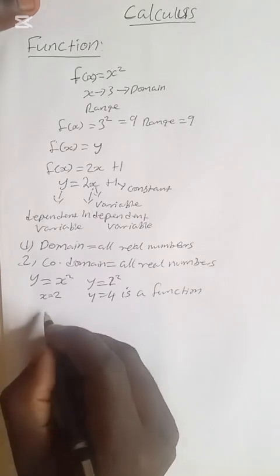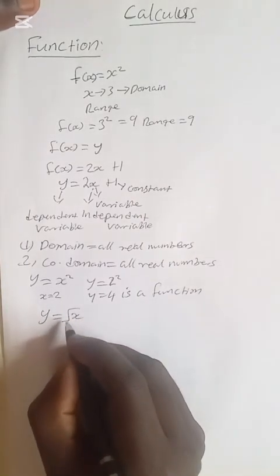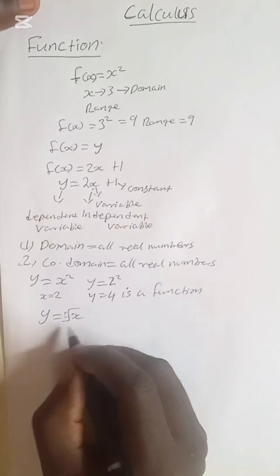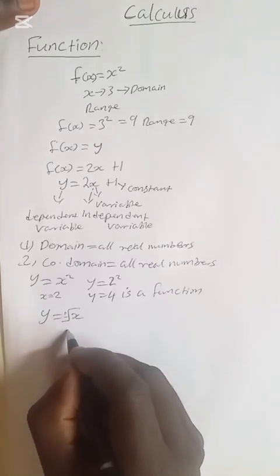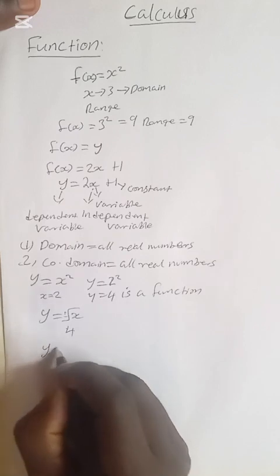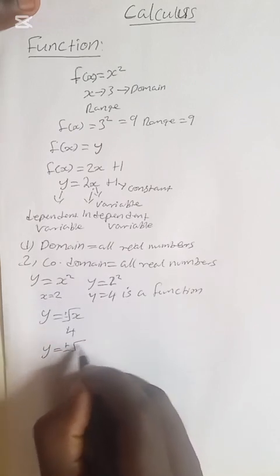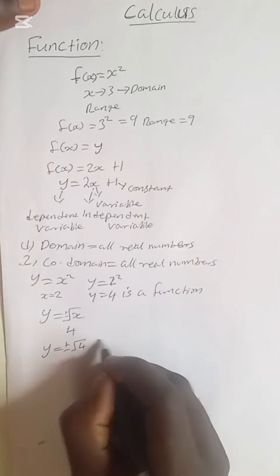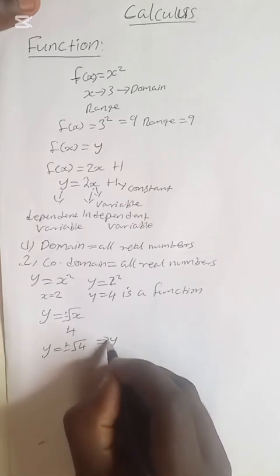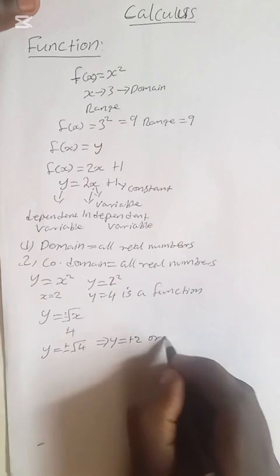But when you are given something like this, now this one will be plus or minus. So now when they give you, like they say x is 4, so y is plus or minus root 4, which will be y is equal to plus 2 or minus 2.